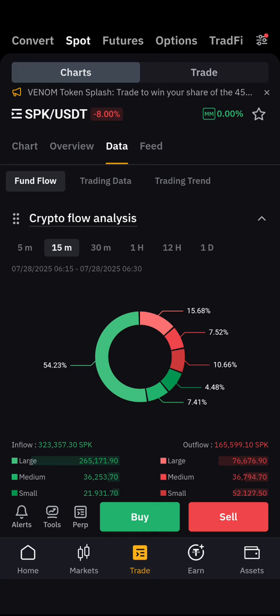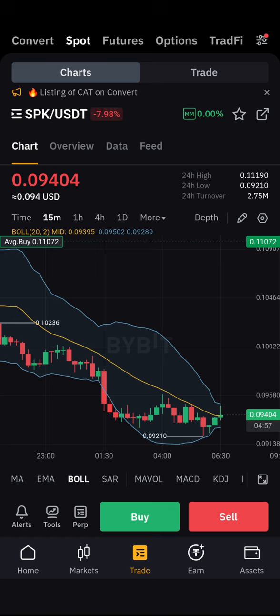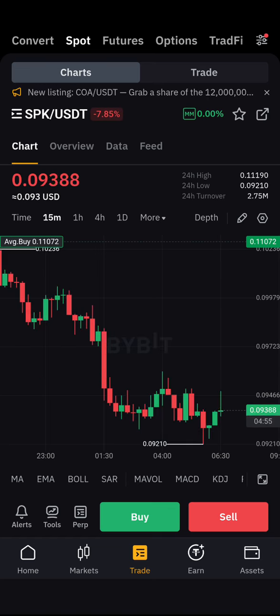The inflow is already defeating the outflow, the green part is very high, and the outflow has become low. This tells you that a lot of people are coming into this trade than are going out. So with this, we can go back to the chart to make an investment.